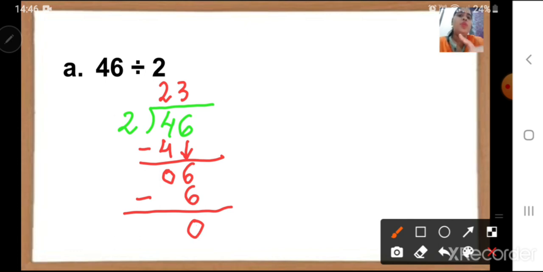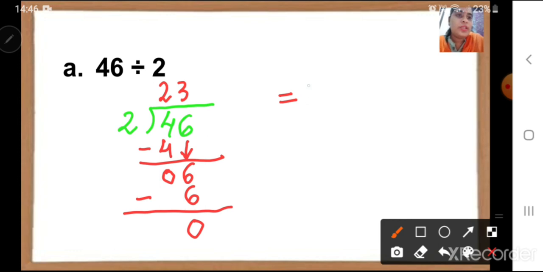Children, if you want to now check your answer, how you are going to check your answer? With the help of the formula. What is the formula? Dividend is equal to divisor multiplied by quotient plus remainder. So I am just going to show you. You can write the answer afterwards.